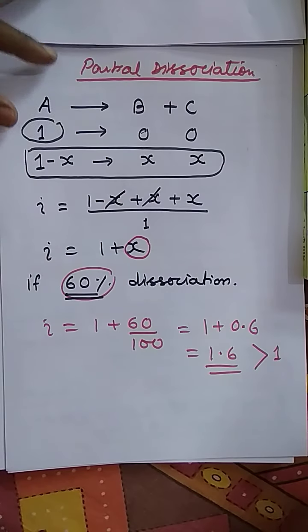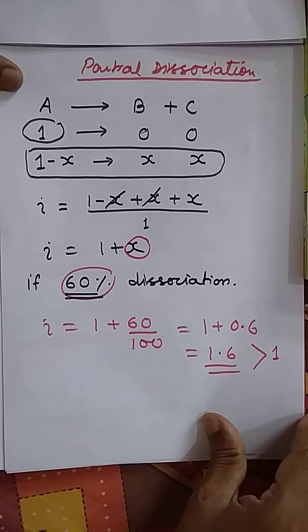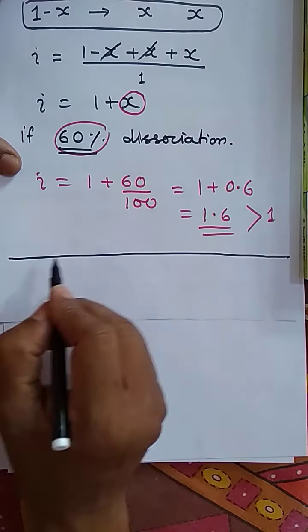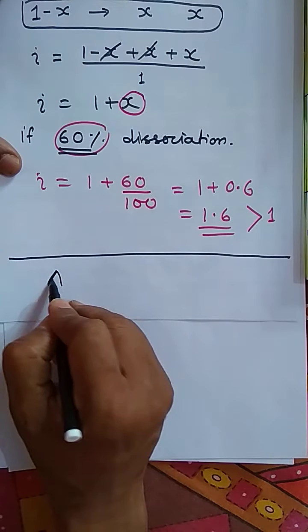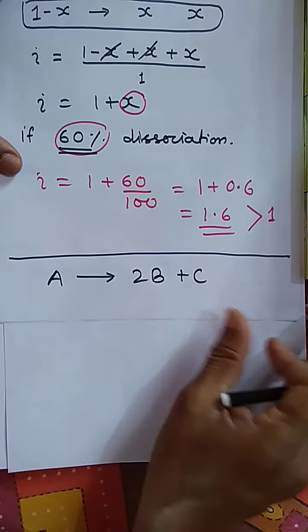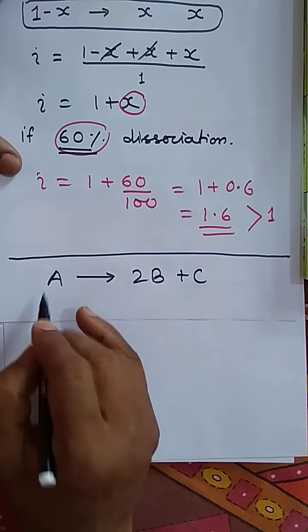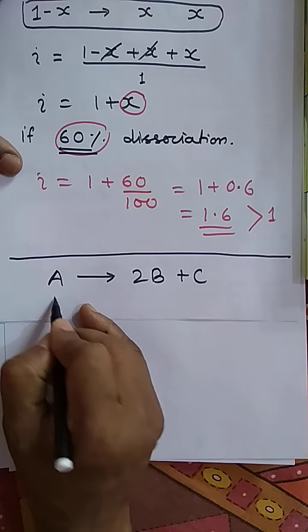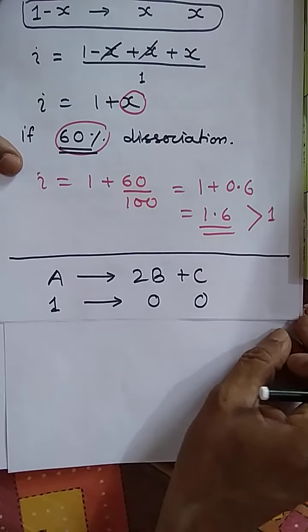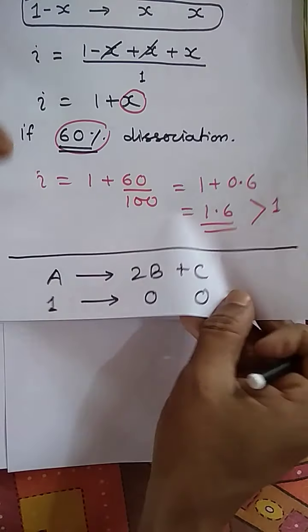Because it is the case of dissociation. Now we see if the equation is different, as for example A changes into 2B plus C, it may be possible. So you do it in the same way: one molecule is there, then this is 0 and 0, right?